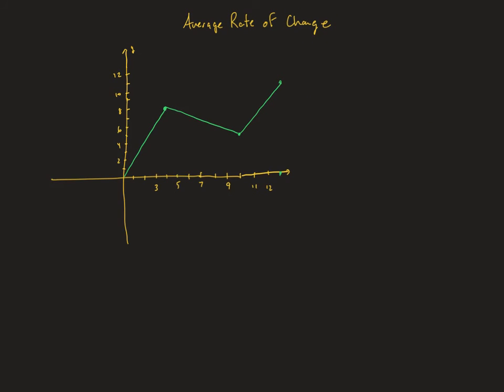Okay, as I look at the average rate of change for this function, we'll call it f of x, what is the average rate of change in f of x over the interval of 4, 13?